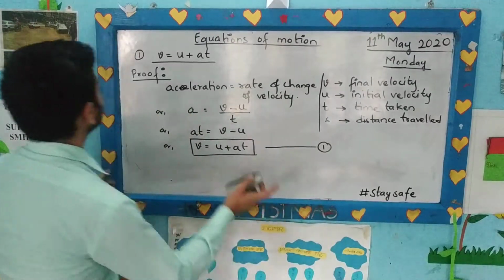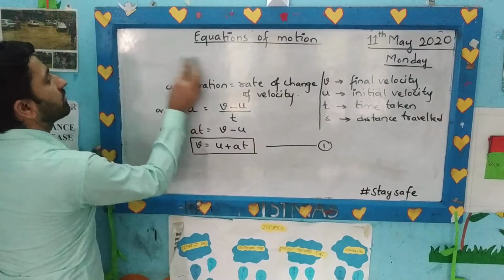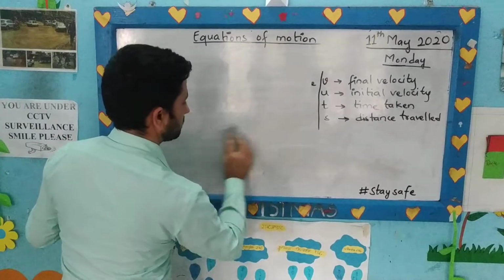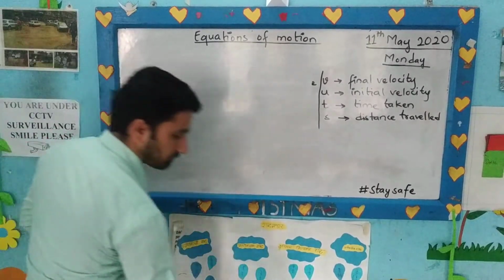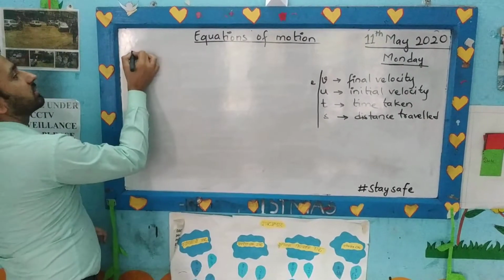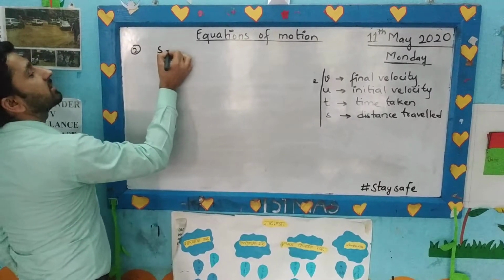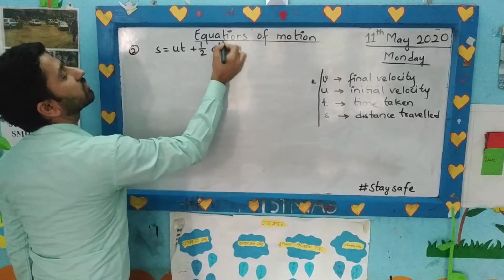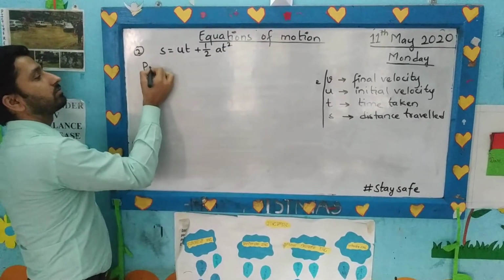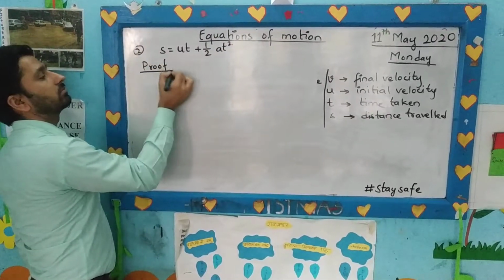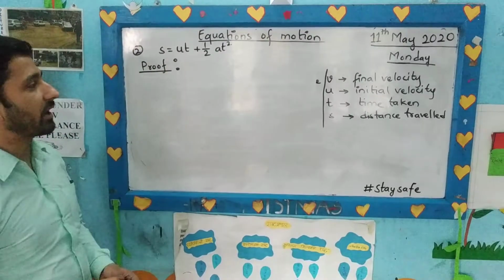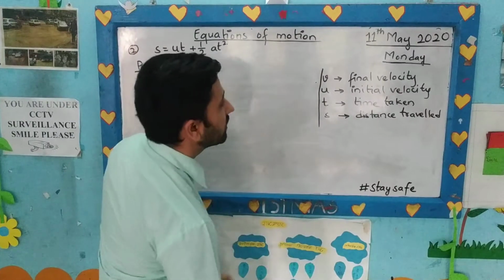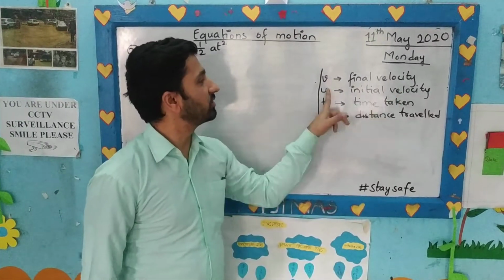Now moving on to the second equation of motion, s equals ut plus half at square. While proving this, let's suppose a body is moving with an initial velocity u.